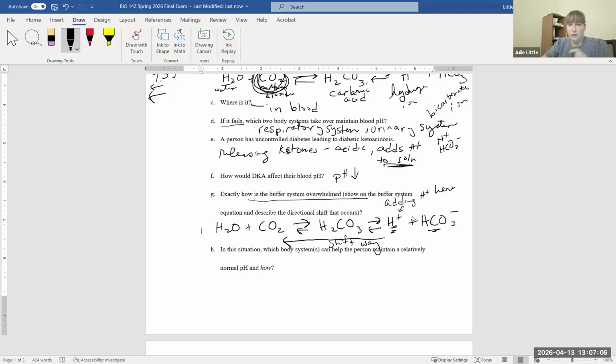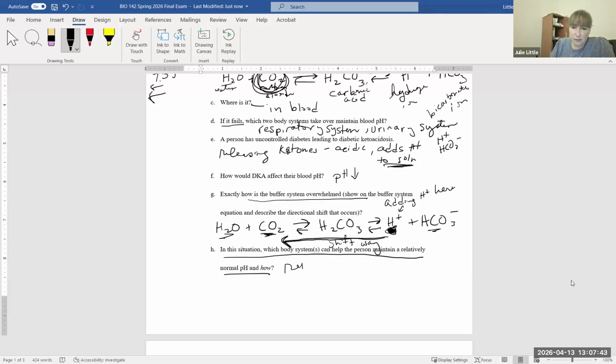So what can we do there? When we have a lot of carbonic acid, then it's going to break down and release carbon dioxide and water. And so that's how we're trying to get rid of the extra hydrogen ions that we added here. In this situation, which body system can help a person maintain a relatively normal pH and how? Well, this equation is shifted to the left, and so we're creating carbon dioxide, and we know that our respiratory system is designed to get rid of carbon dioxide.